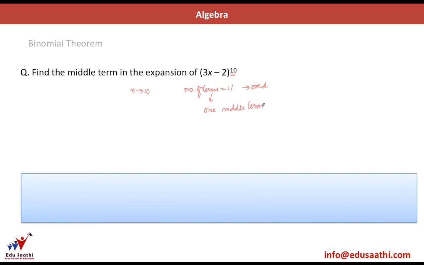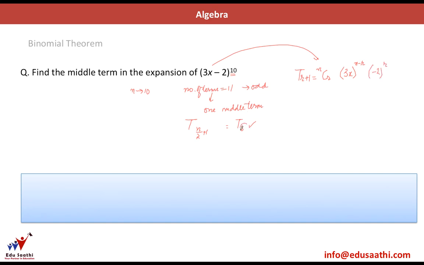And the middle term would be given by t n by 2 plus 1. So it will be t5 plus 1, which will be the sixth term. And first I'll write down the general term. Tr plus 1 for this will be given by NCR. The first term is 3x raised to power n minus r, and the second term is minus 2 raised to power r.